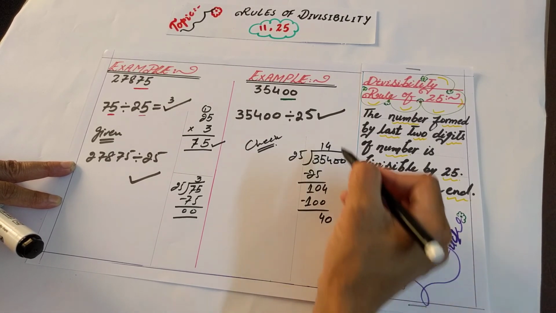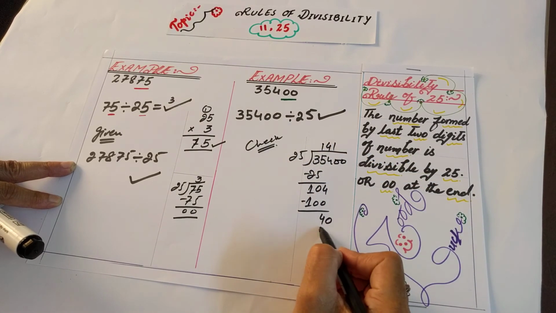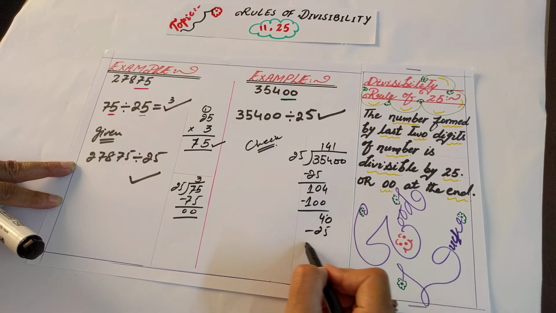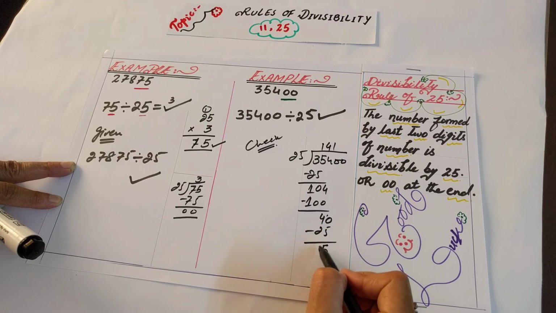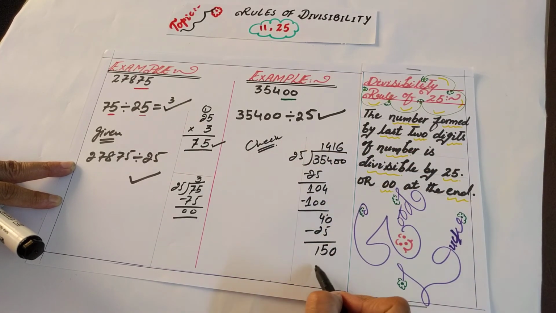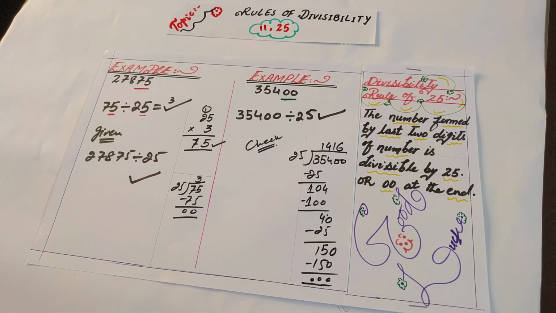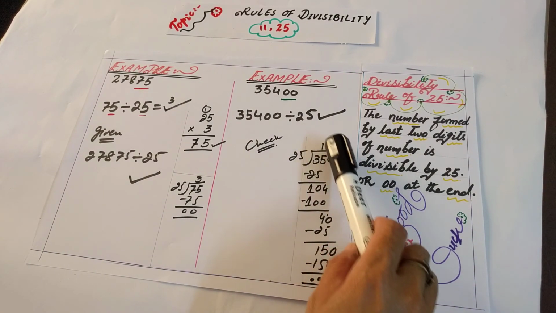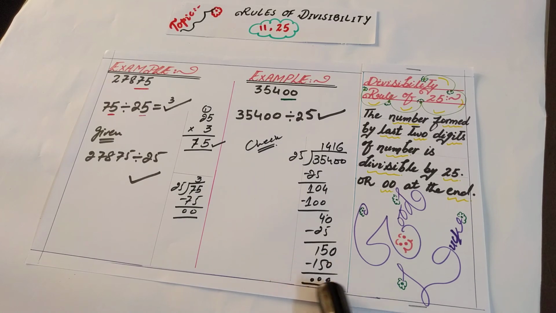Bring down the 0. 40. 25 ones are 25. Take the borrowed 10. 10 minus 5 is 5. 3 minus 2 is 1. Bring down the 0. 150. 25 sixes are 150. It means this given number 35,400 is completely divisible by 25 with 0 remainder.